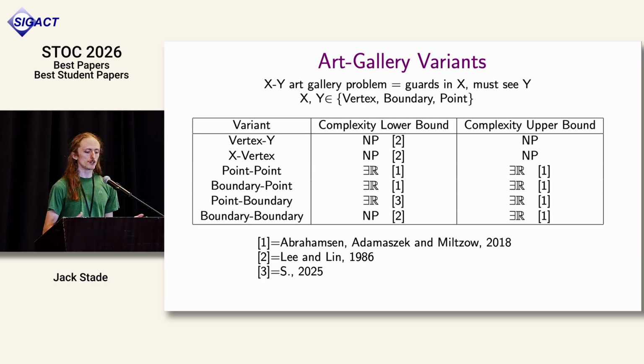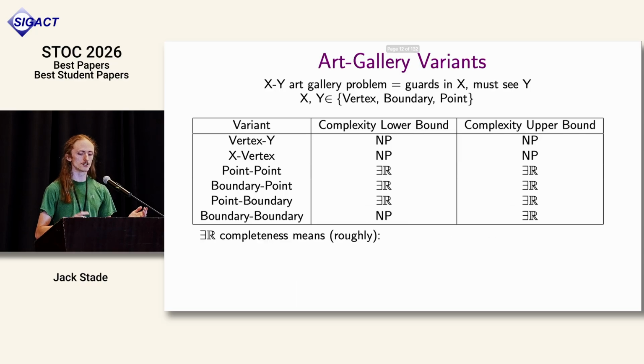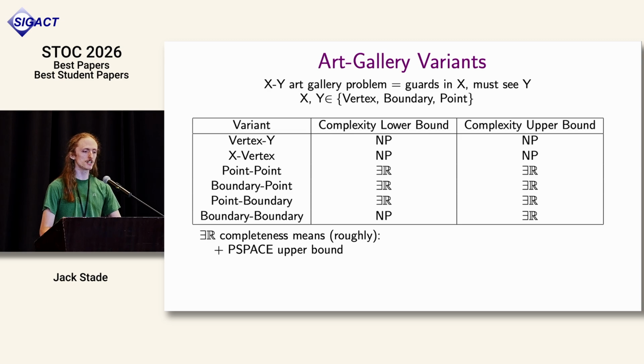In particular, the point-point, boundary-point, and point-boundary variants are known to be complete for a complexity class called exists-R, which is thought to be strictly larger than NP, maybe. I won't give a precise definition of exists-R here. Exists-R is contained in PSPACE, so at least these continuous variants can be decided in polynomial space.